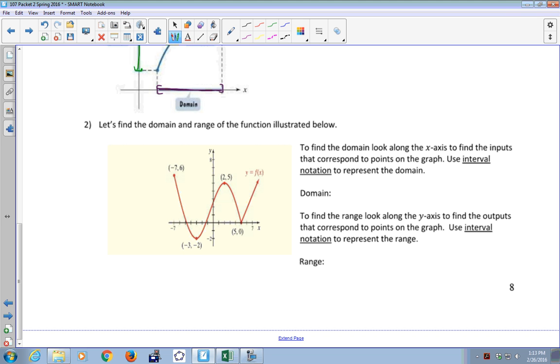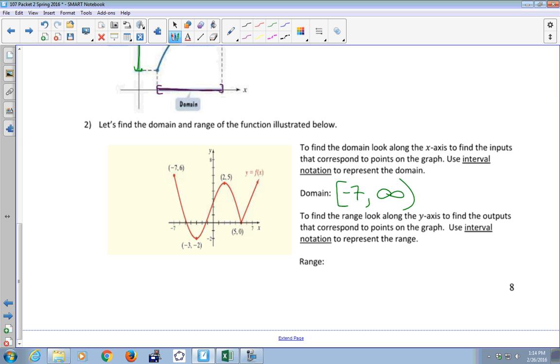Great. So my domain starts at -7. Should I include that -7? Yes, because there's a closed circle on -7. So we know that point is included on the graph. So I include it. And then I put a comma. And I'd say, okay, what's the largest x coordinate on this graph? Infinity, because that arrow moves to the right forever.